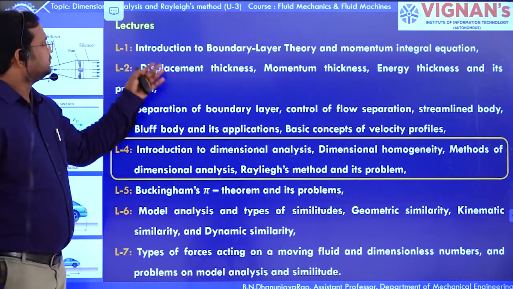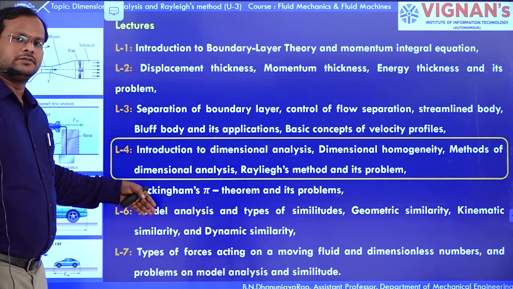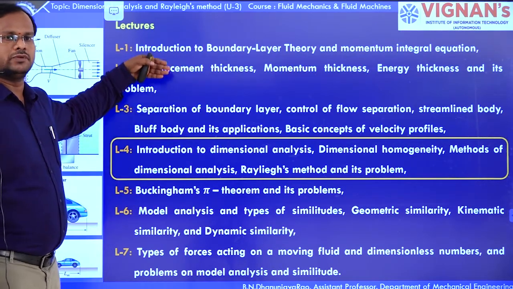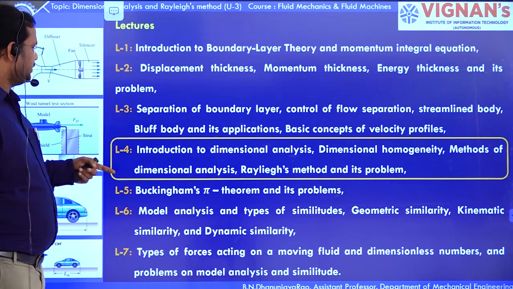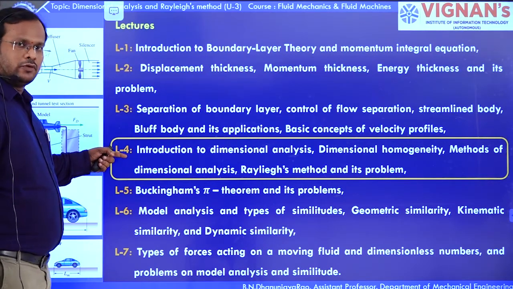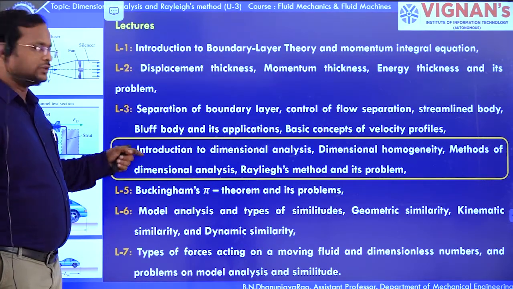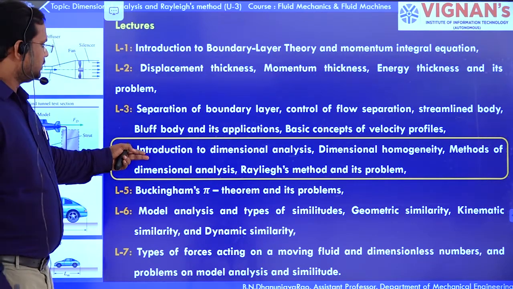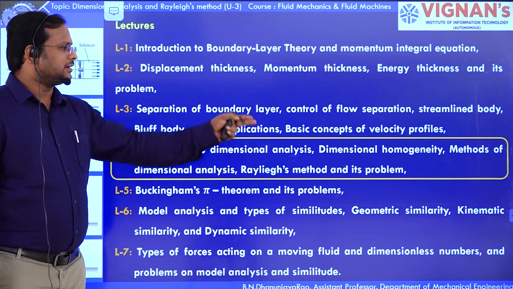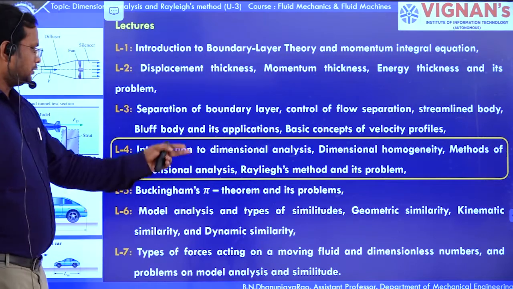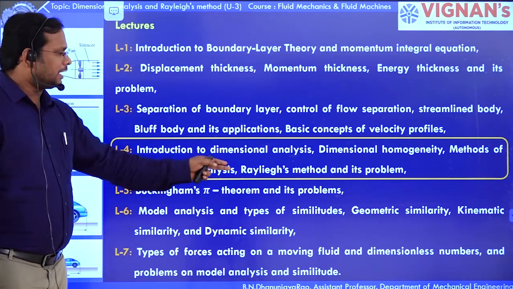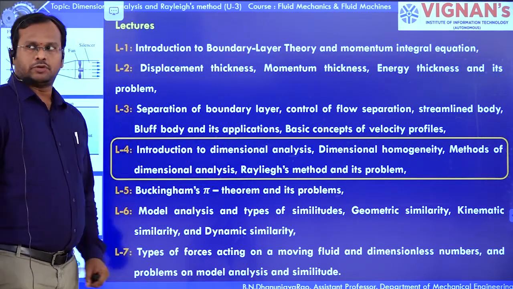Here are the lectures which we are covering from unit number 3. Now we are at lecture number 4 from unit number 3. The topics are introduction to dimensional analysis, dimensional homogeneity, methods of dimensional analysis, Rayleigh's method and its problems.